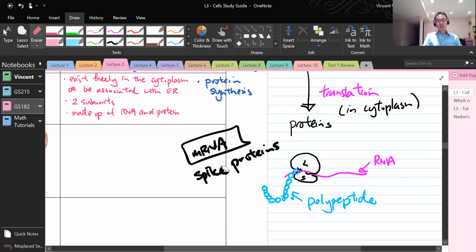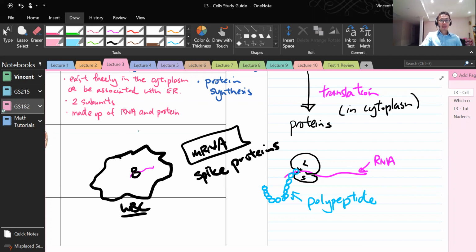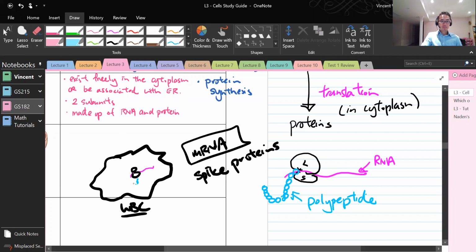So you inject this into your arm, and then one of your white blood cells will come along and pick up that mRNA. Once the mRNA goes into our white blood cells, the ribosome will come and make all these spike proteins.